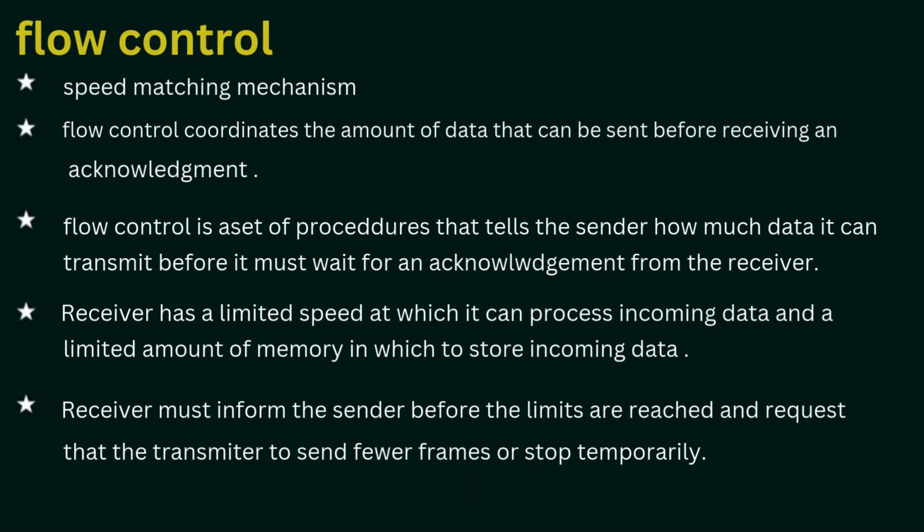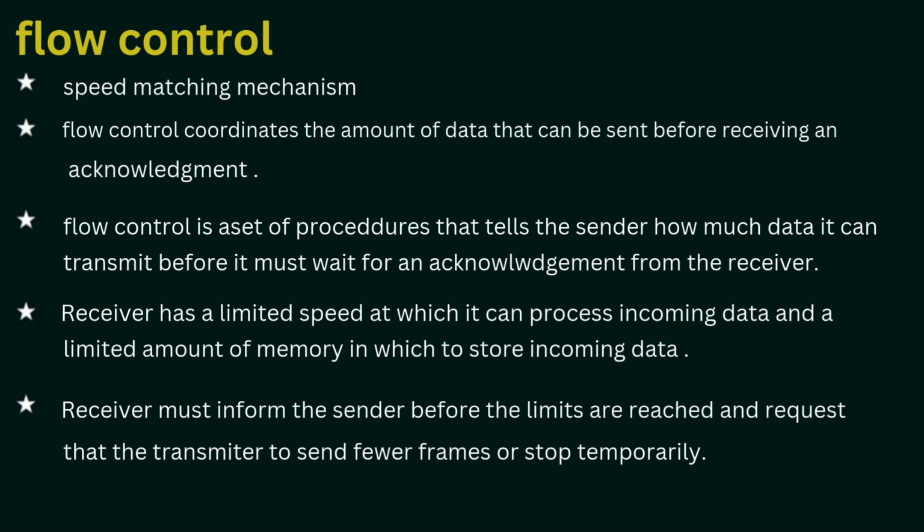It is a speed matching mechanism where the receiver should inform the sender at what speed the receiver can handle the data frames, and it becomes the responsibility of the sender to send at the mutually agreed speed. So what does flow control do?